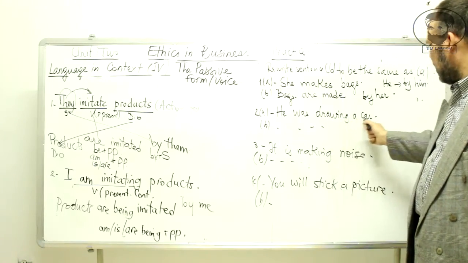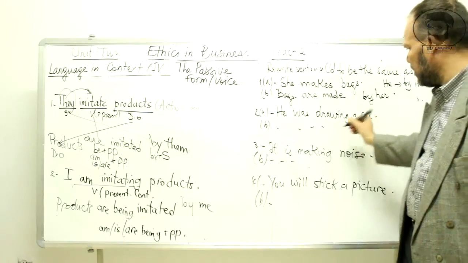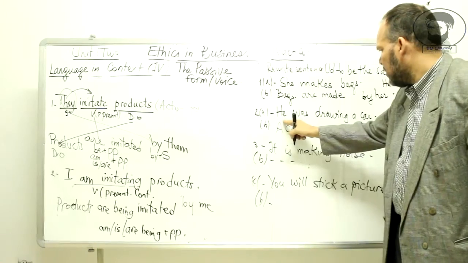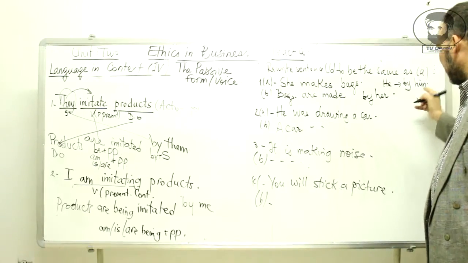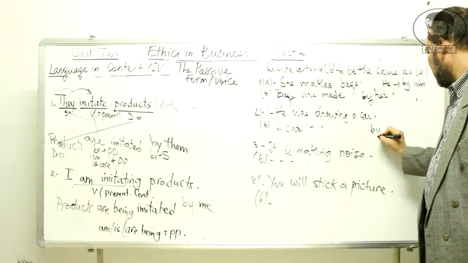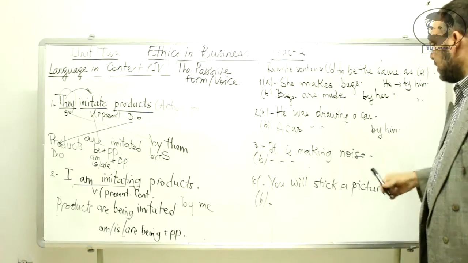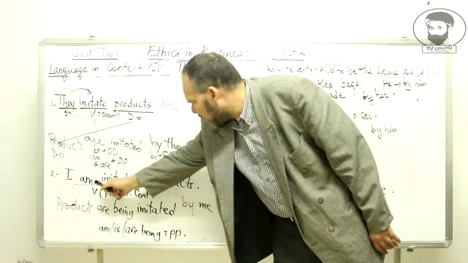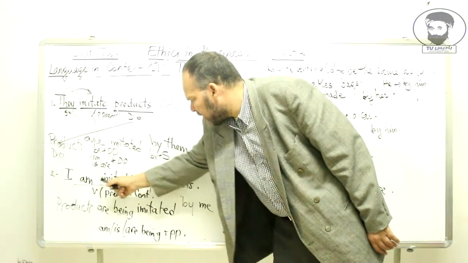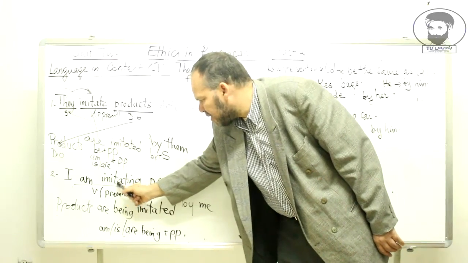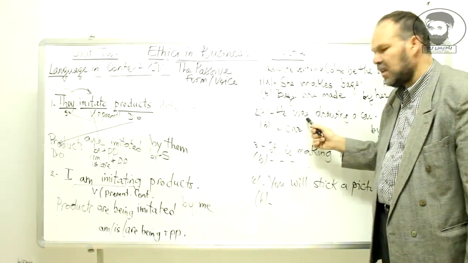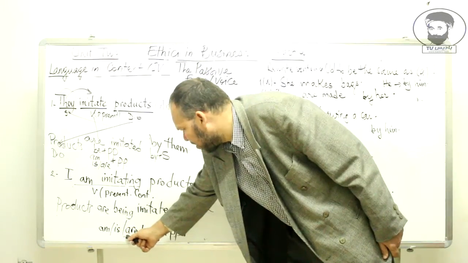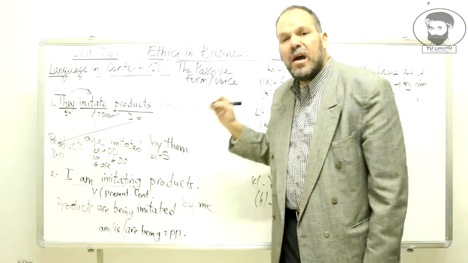He was drawing a car. So remember the direct object: a car. He becomes, remember, by him. Now, was drawing. Remember this form? I'm imitating is the present, but was imitating is the past continuous. So remember the form: is, are in the present, or was, were in the past.